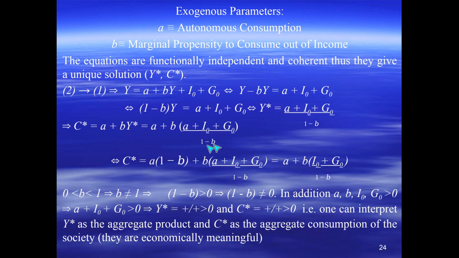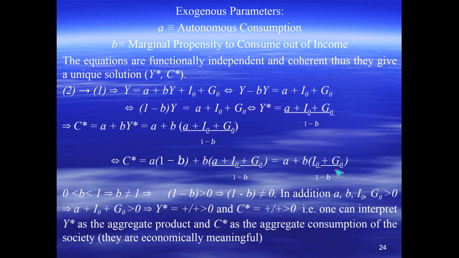Putting these in the same denominator, we should divide all these quantities by 1 minus b. Then we obtain a times 1 minus b plus b times a plus I0 plus G0, all over 1 minus b, the common denominator.